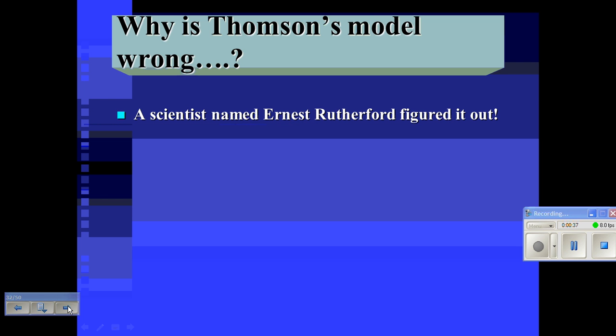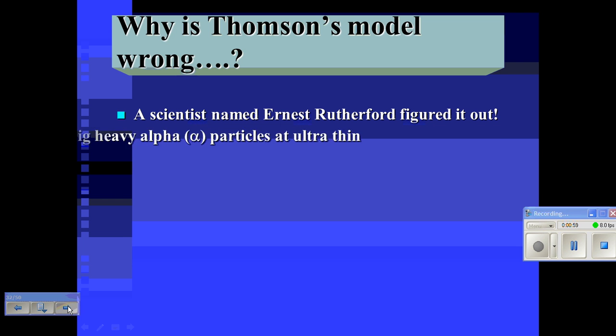Ernest Rutherford was actually doing experiments to try to prove Thomson's model correct, and he ended up proving it incorrect because of the results and the evidence that he actually found. He did what was called the gold foil experiment.